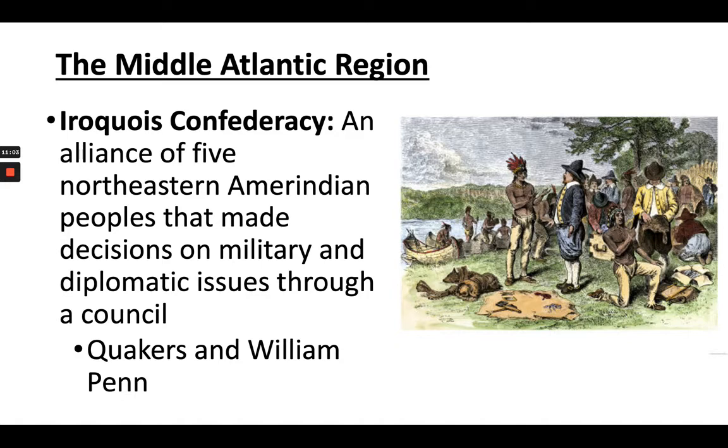Okay, but what about the Mid-Atlantic region? Think New Jersey, New York. Well, there are indigenous groups all around this coastline as well. And prior to the arrival of these colonists, you had trade with indigenous groups on the coastline and the British and the French.